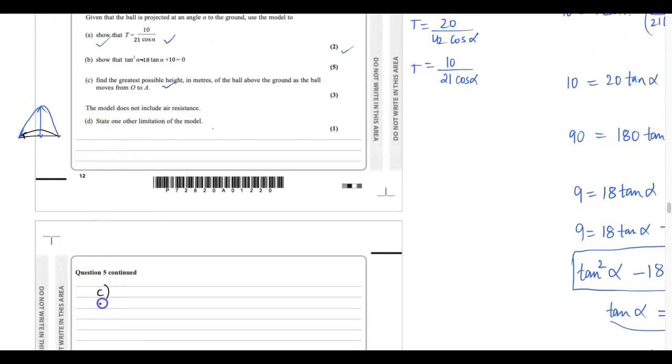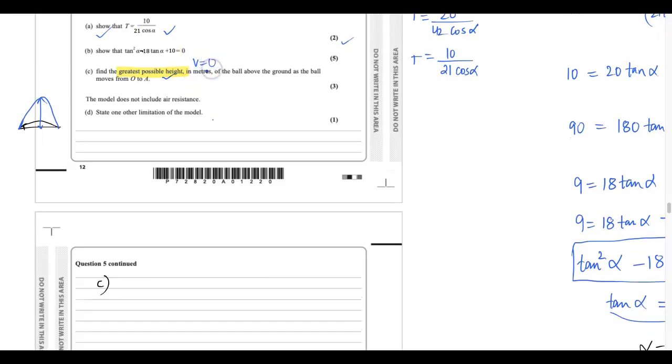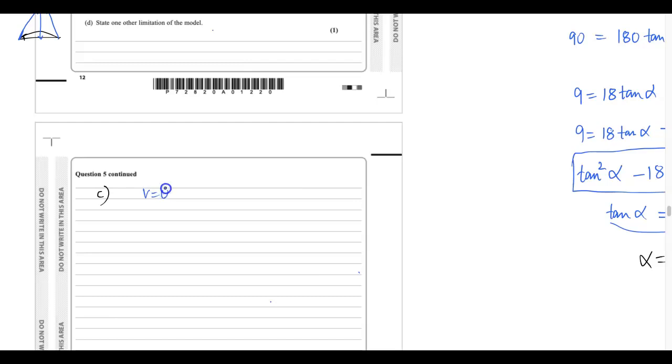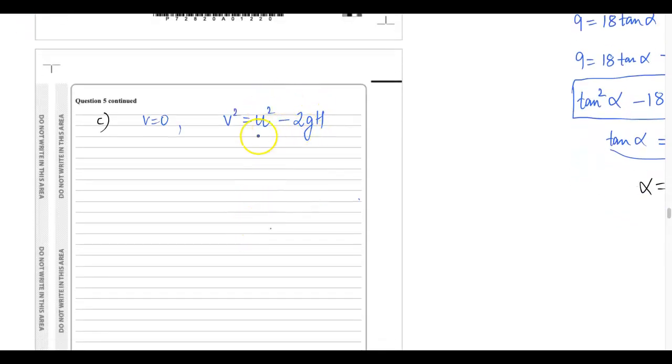Now let's do C part. For C part, we have to find the greatest possible height. For the greatest possible height, you would understand that the final velocity will be 0. So when the final velocity is 0, we're going to achieve the greatest height. What equation can we use? V squared is equal to U squared minus 2gh. I hope you know why it is minus there. Because V is 0, we can say U squared is going to be equal to 2gh, or making h the subject, it is going to be U squared over 2g.